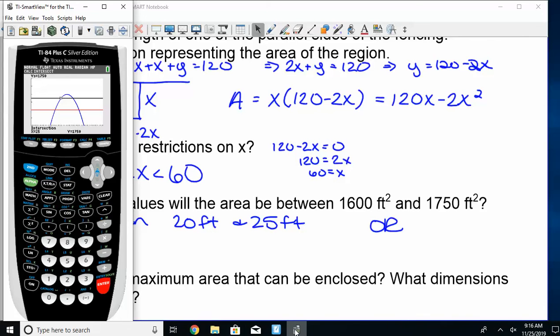Which one are you doing? First one or second one? First. Okay. Good. Check it. Your second curve. First curve is your parabola. Second curve is the line. Yes. And then I did it again. First curve is parabola. Second curve, I just did 1,600 back to this one.